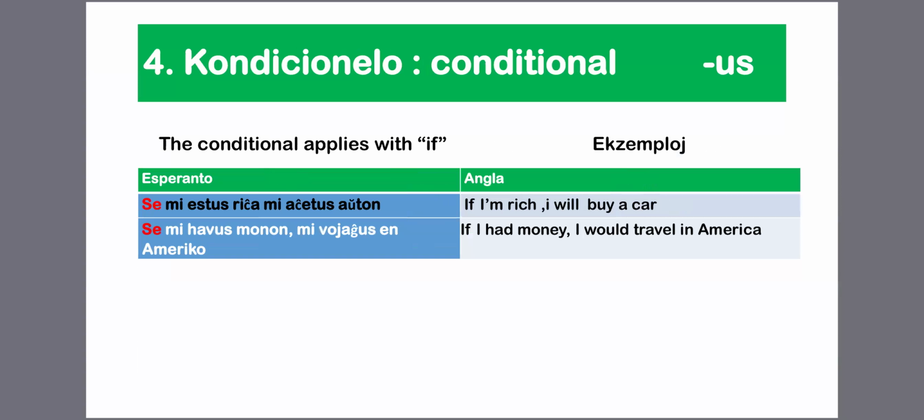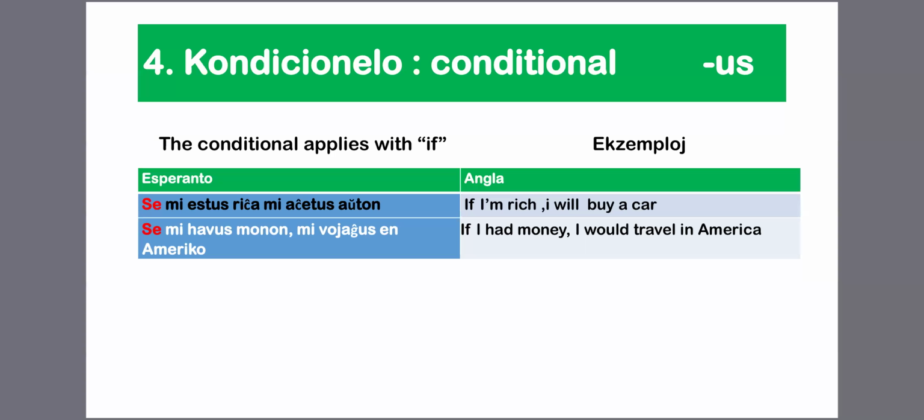The conditional in Esperanto is US. If you want to use a condition, you also need to start with an if clause. If in Esperanto is se. An example: se mi estus riĉa, mi aĉetus aŭton. If I were rich, I would buy a car. Se mi estus riĉa, mi aĉetus aŭton.